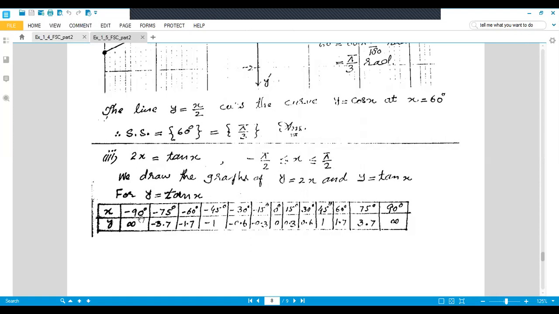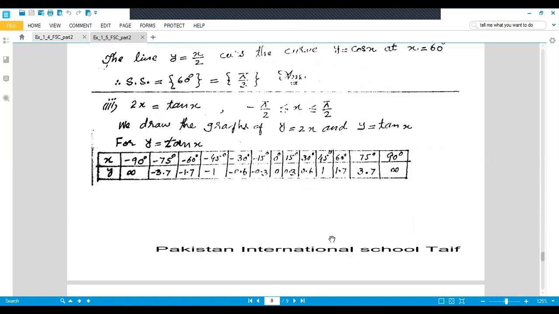For tangent x, we take a 15-degree interval from minus 90, minus 75, and draw the table like this. First we put minus 90 degrees, so y is infinity. When we put minus 75 degrees, we get minus 3.7. When we put minus 60 degrees, tangent minus 60 is minus 1.7. In the same way, we find all of these with the help of a calculator.